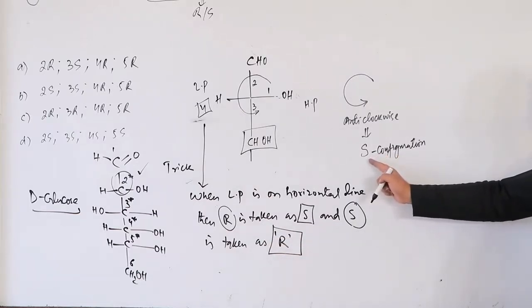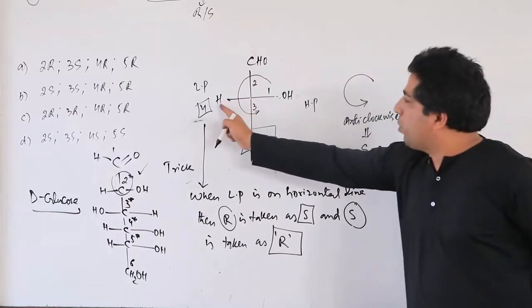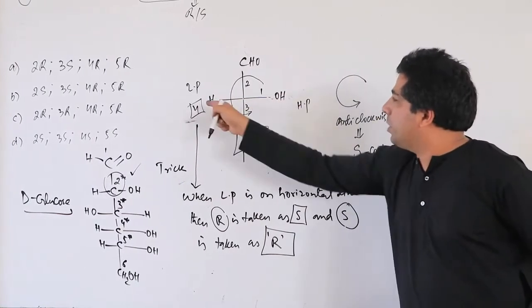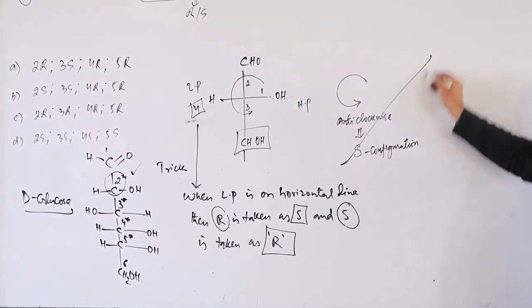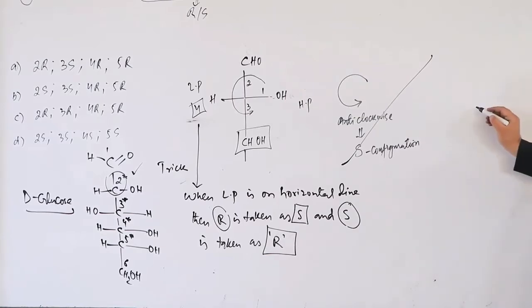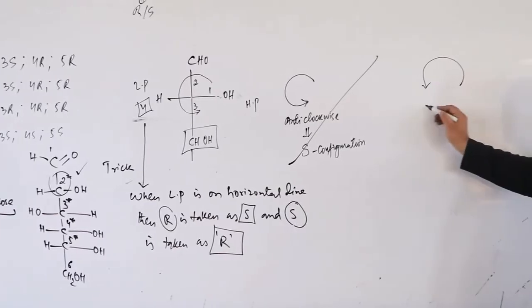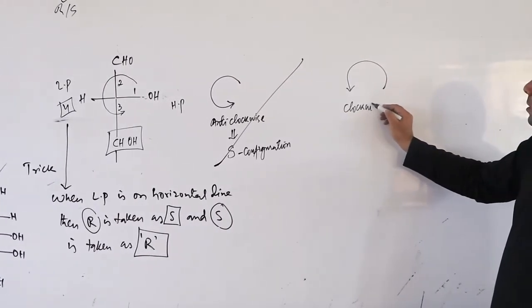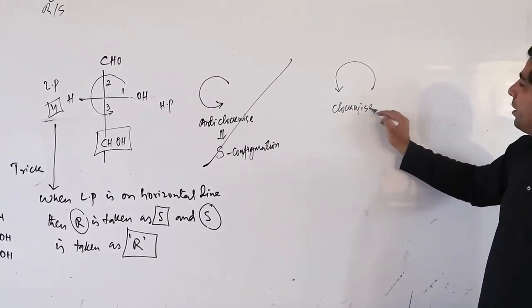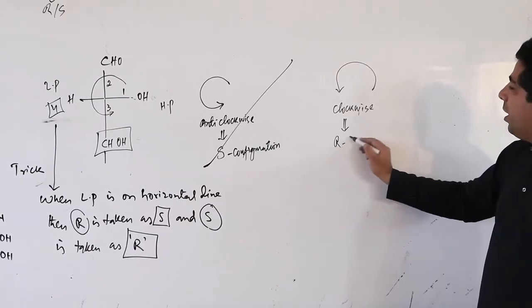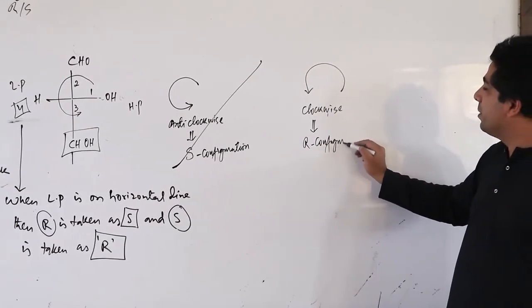I got S configuration, and we know that the lowest priority is on which line? Horizontal line. Then this will be cancelled and the actual configuration will basically be like this, clockwise, and you can consider it now as R configuration, my dear friends.